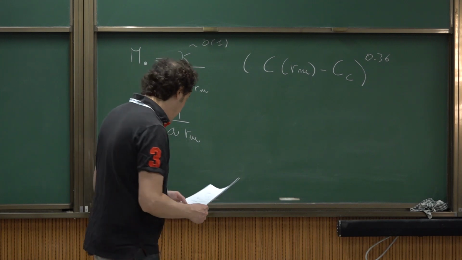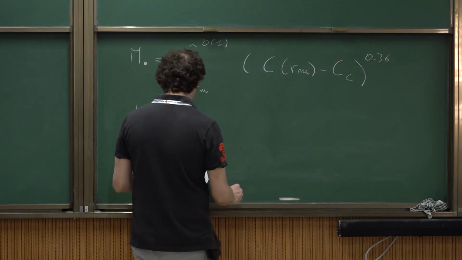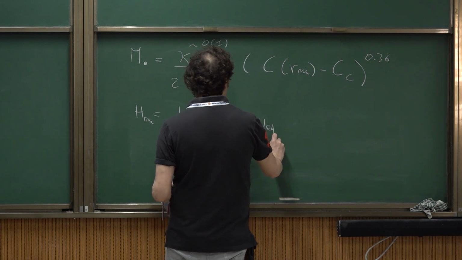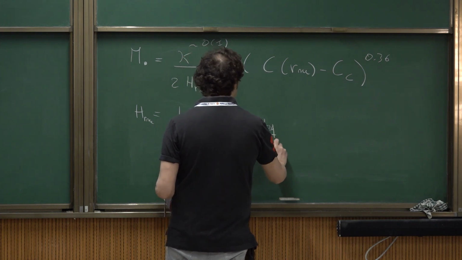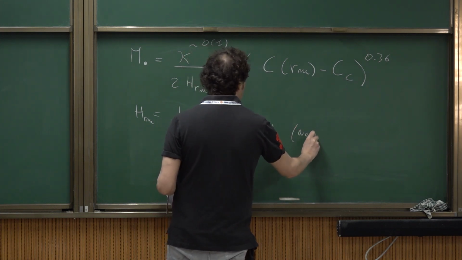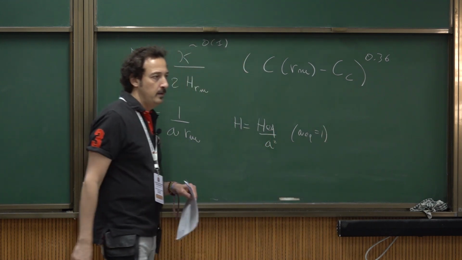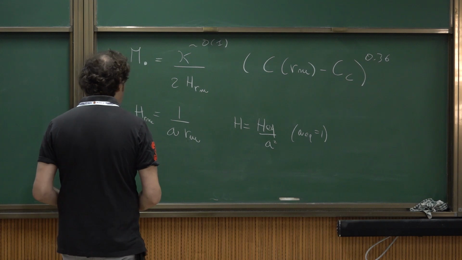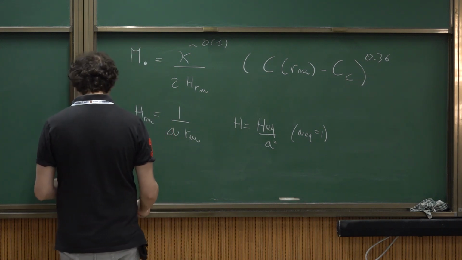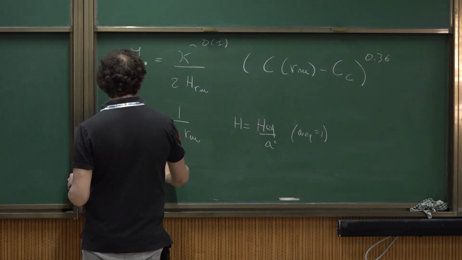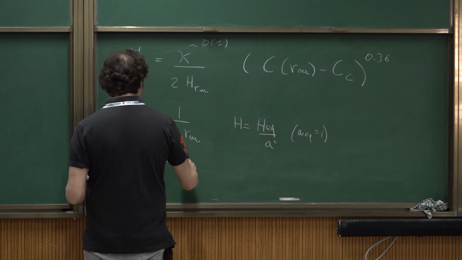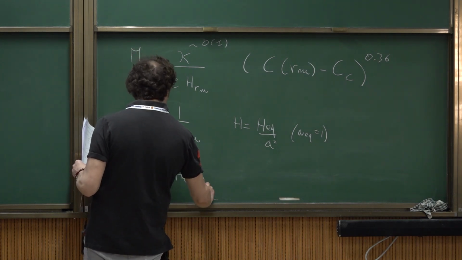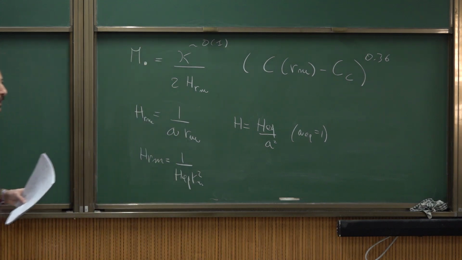And because we are in radiation, H is equal to H at equality divided by A squared, if we are using A at equality equal to 1. With that, you simply invert this and you find that HRM is actually equal to 1 over H equality Rm squared. Okay?